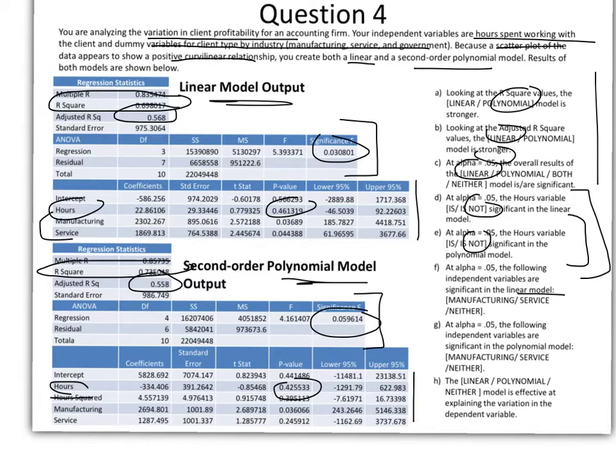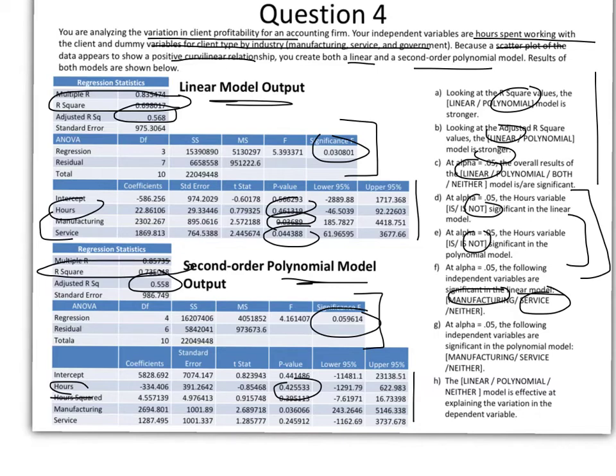Manufacturing is significant, right? That's 0.03, which is less than 0.05, and here service is 0.04. That is also significant. So we would say that manufacturing and service are significant in the linear model.